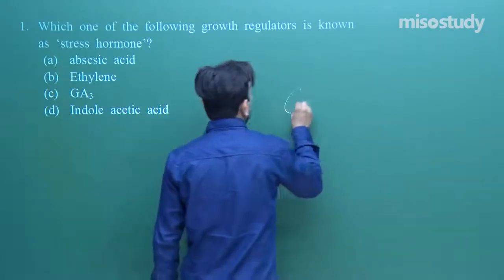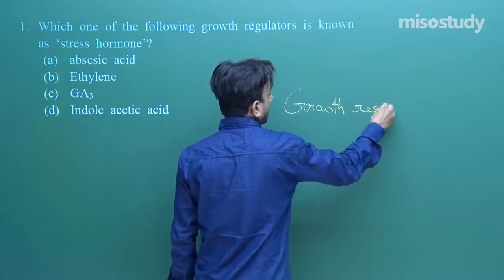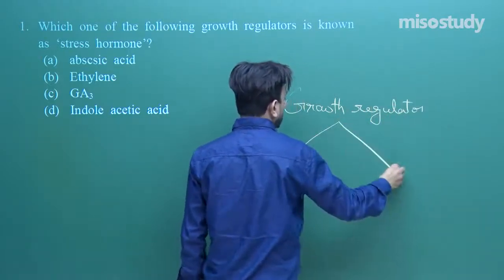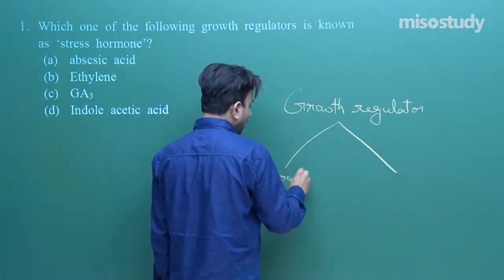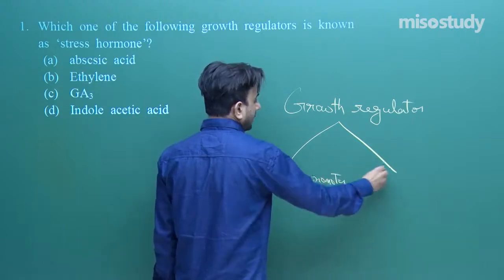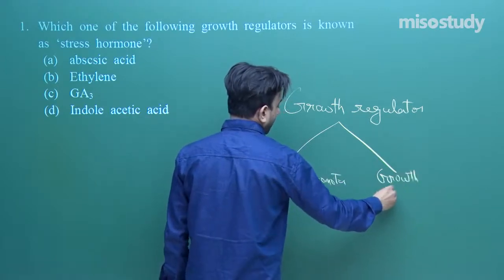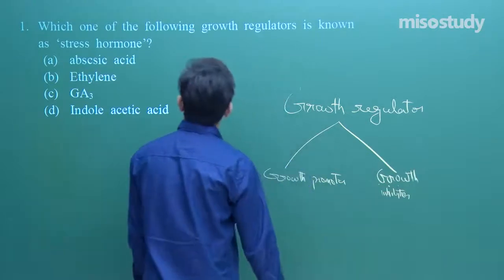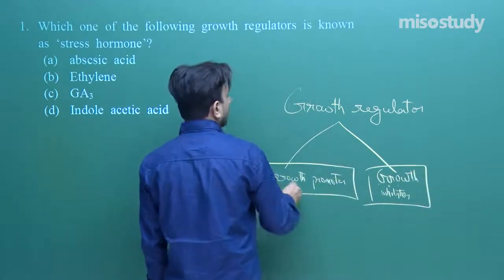You all know that the growth regulators can be classified into growth promoters and growth inhibitors.